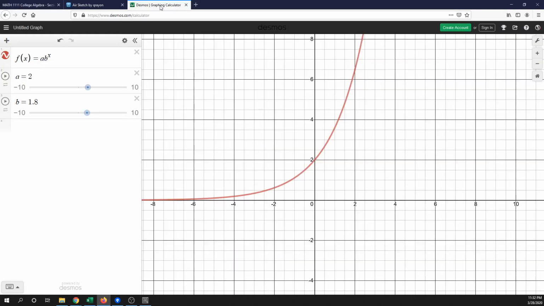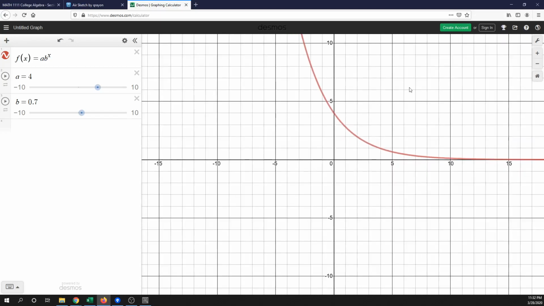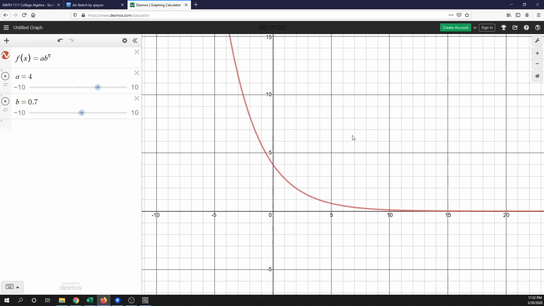So here I'm going to make b in between 0 and 1. Okay, so you can see there's 0.7. Again, the a still controls the intercept, like that.